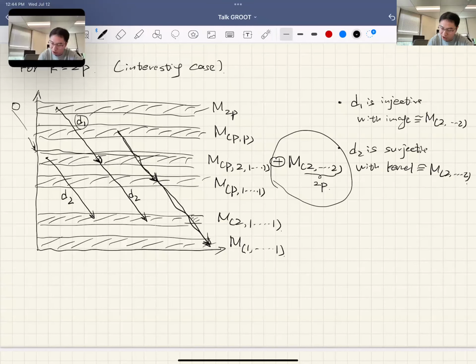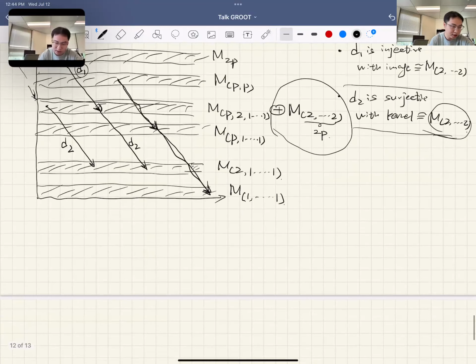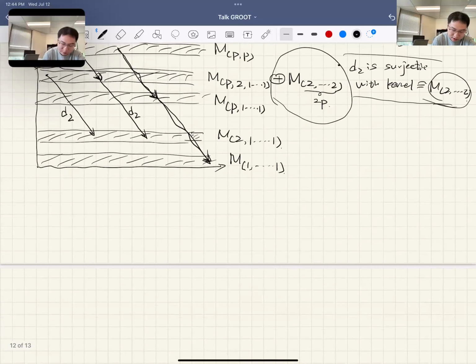So for a small range, for small total degree, we are left with the kernel of D2, which is this part. So what is this part? We can compute that this corresponds to H star of sigma 2p with coefficient in m sub 2 2 2.